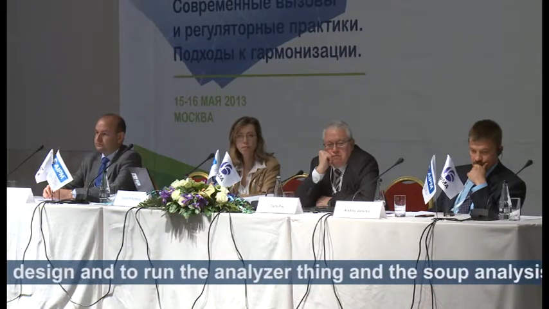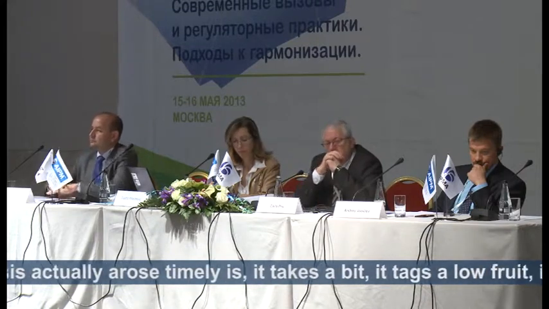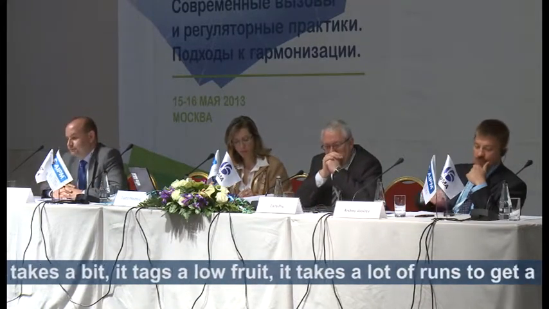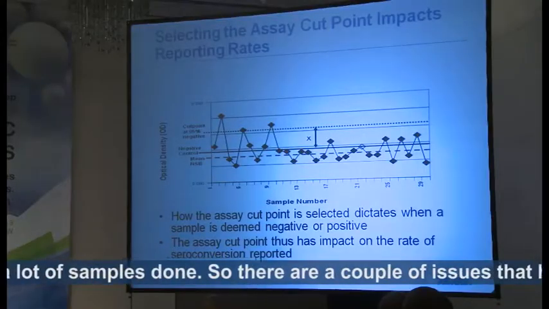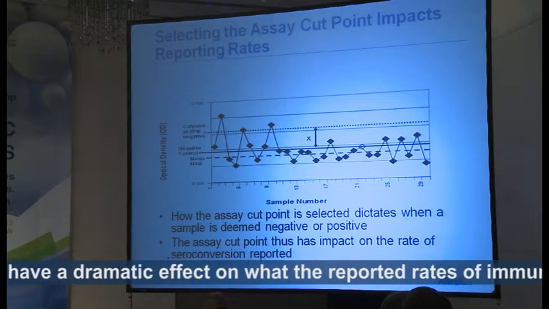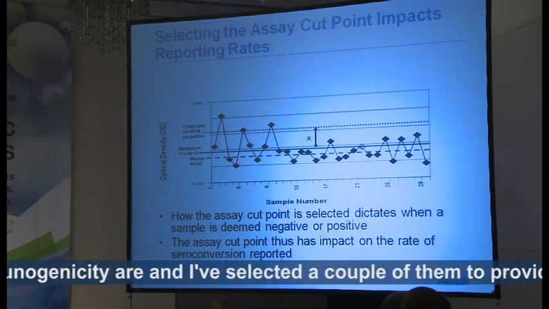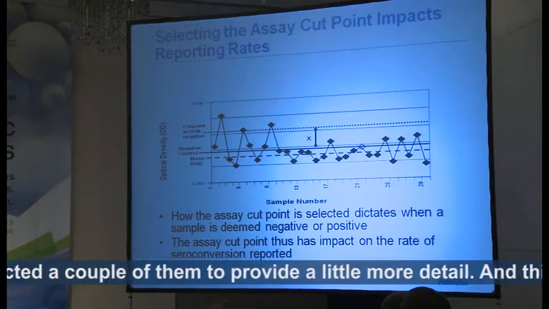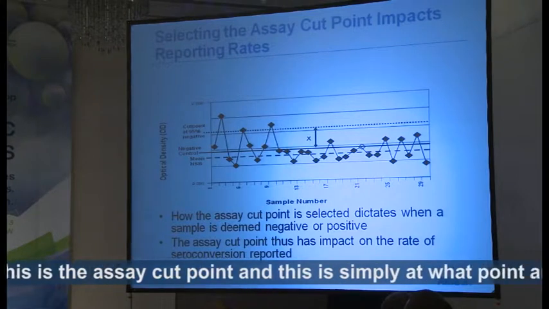So there are a couple of issues that have a dramatic effect on what the reported rates of immunogenicity are. And I've selected a couple of them to provide a little bit more detail. One of them is the assay cut point. This is simply, at what point are you going to call a particular optical density reading in some of these assays a positive, and at what point do you say it's a negative?